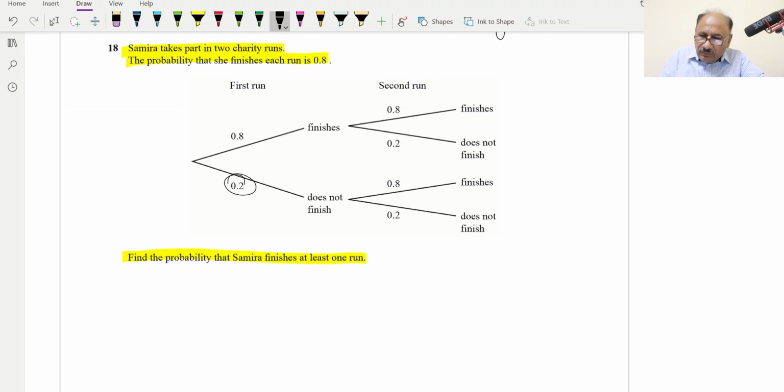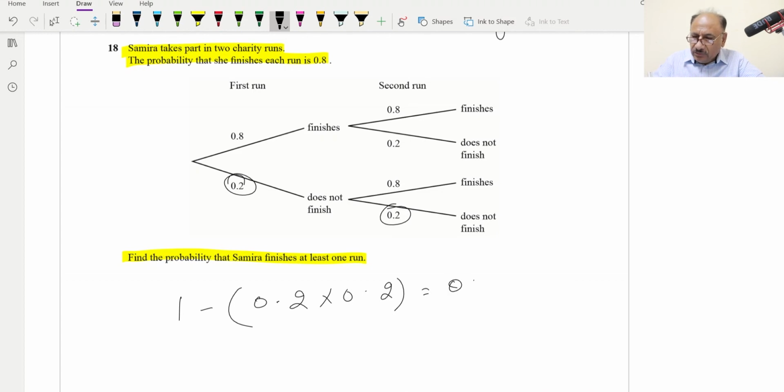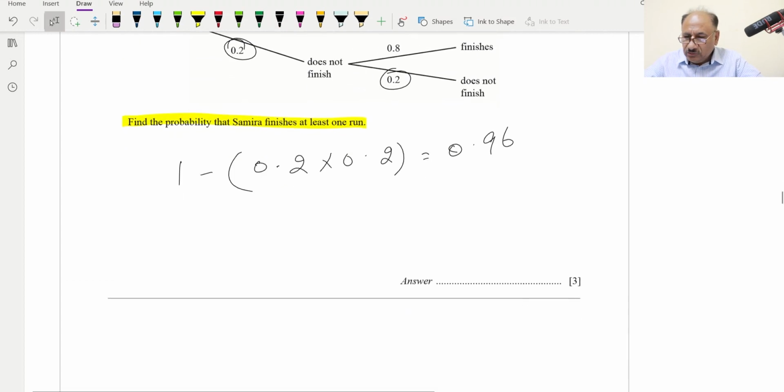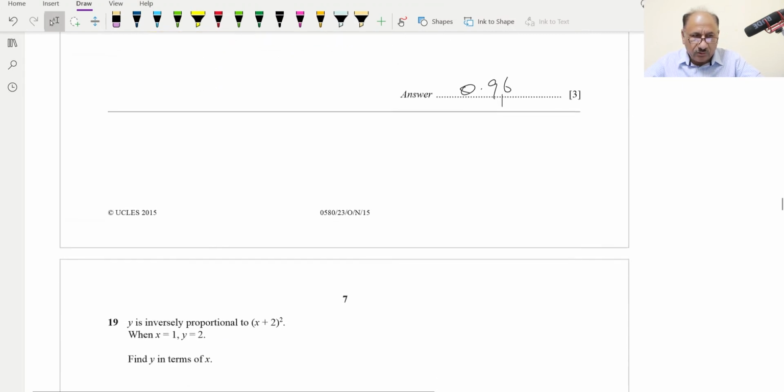Not finished will be these two, so from 1 we will be subtracting not finished, and the rest of everything will be the answer. So 1 minus, in brackets, 0.2 into 0.2, bracket close, and this will be equal to 0.96, and 0.96 will be the probability which we can write for this question.